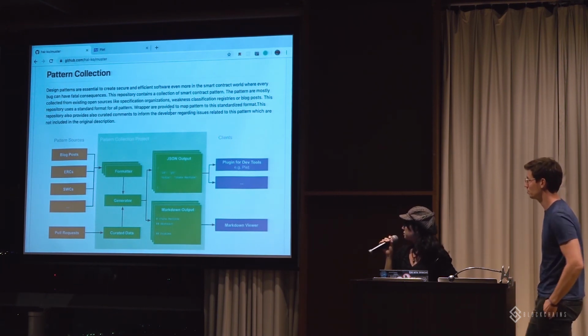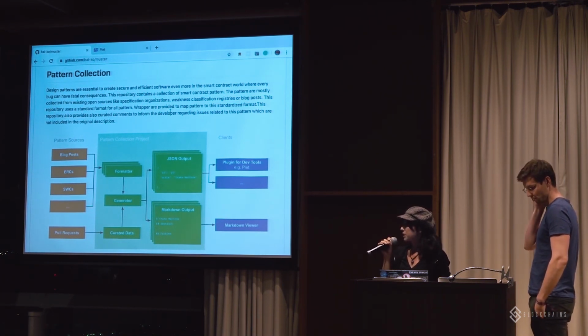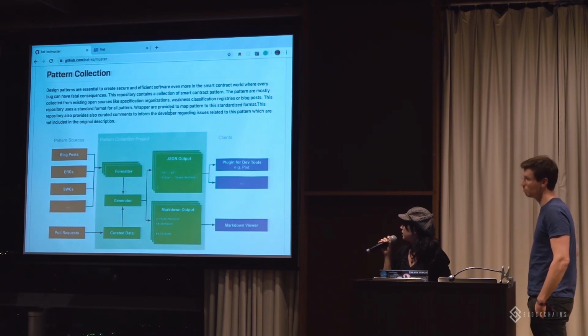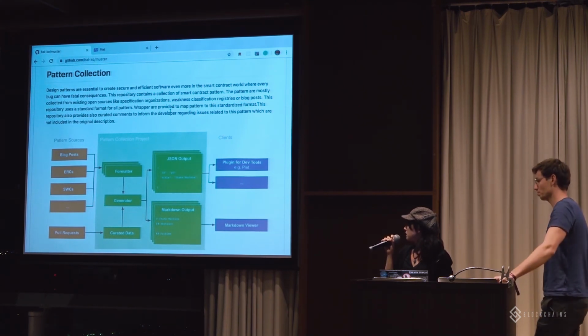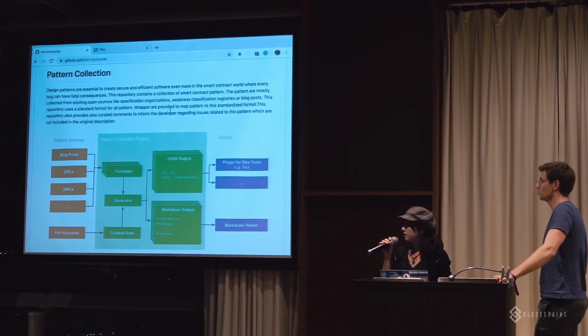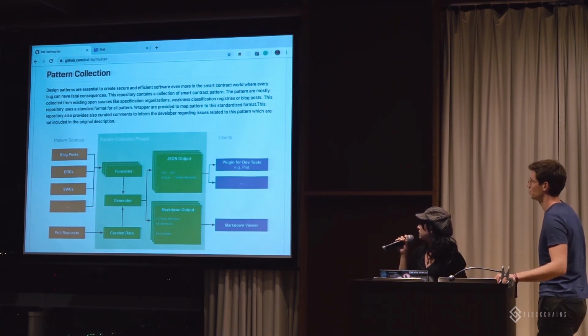Or you can even create a pull request to our project directly, and that goes to the formatter, which is included in our project, that generates the JSON file, and the generator combines all the resources into 2 outputs.